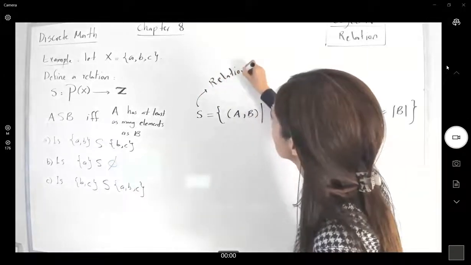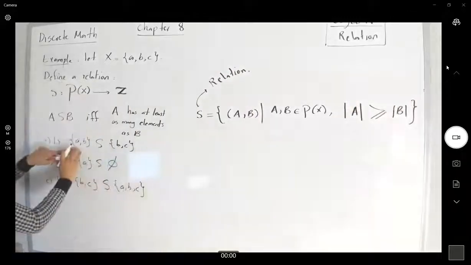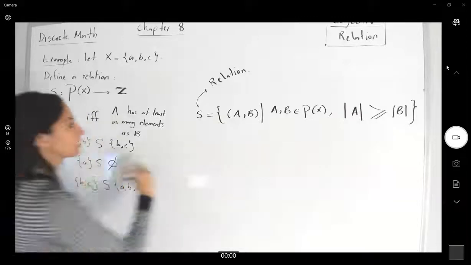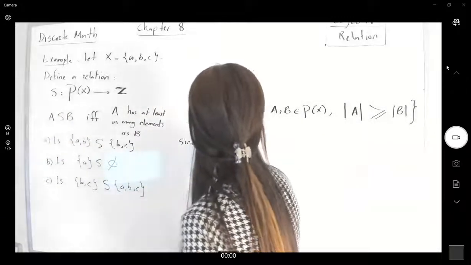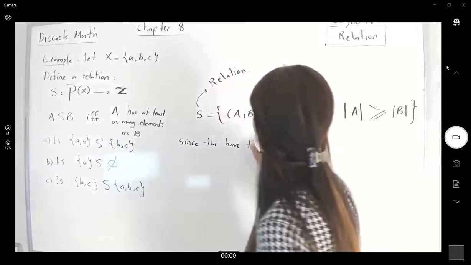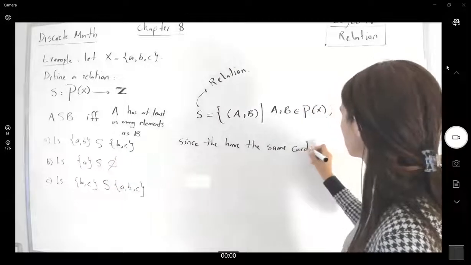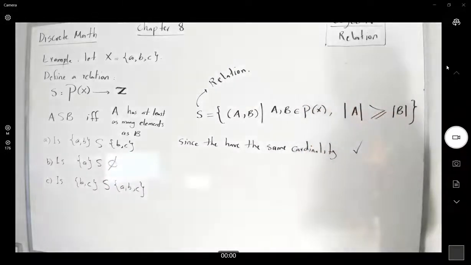Okay, so let's take a look at the first. The cardinality of this set is 2. The cardinality of this set is 2 as well, since they have the same cardinality. It is true.